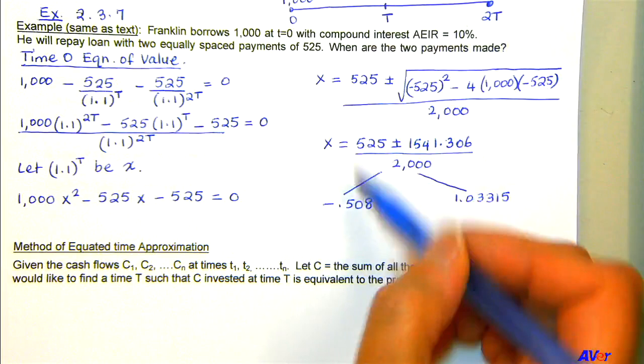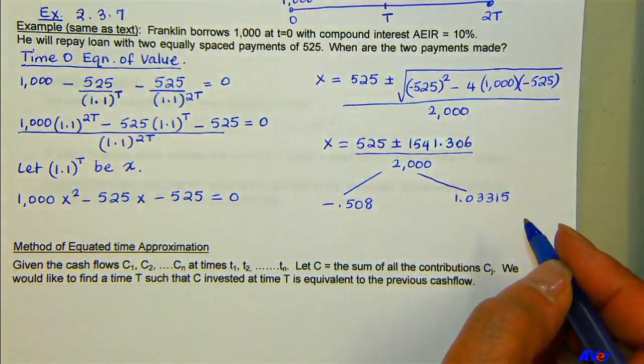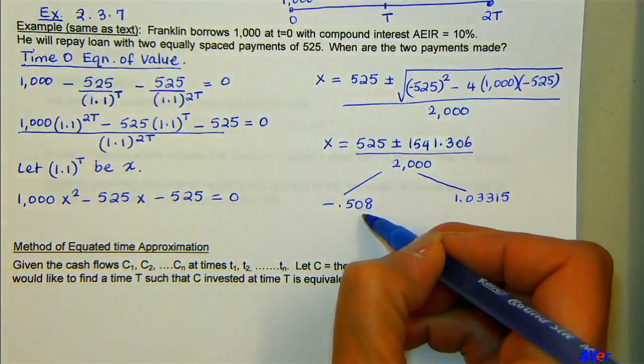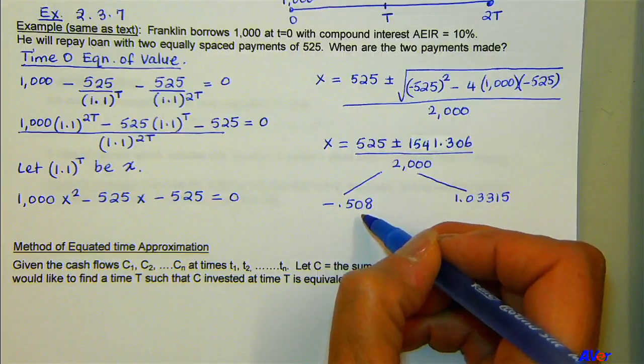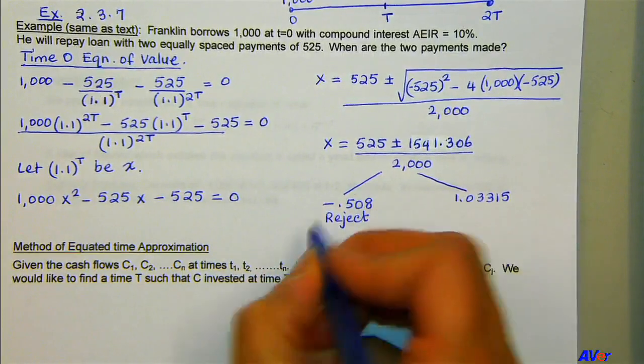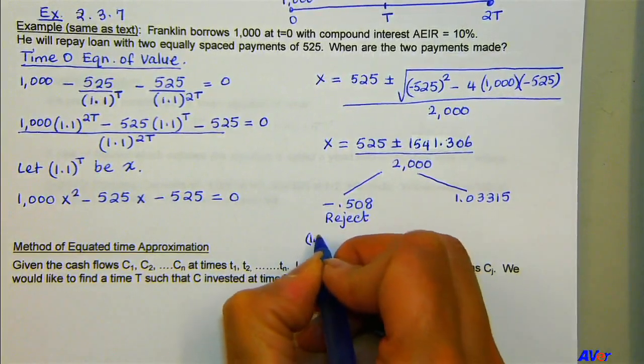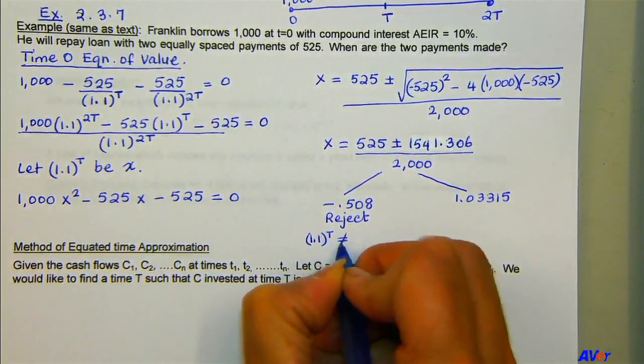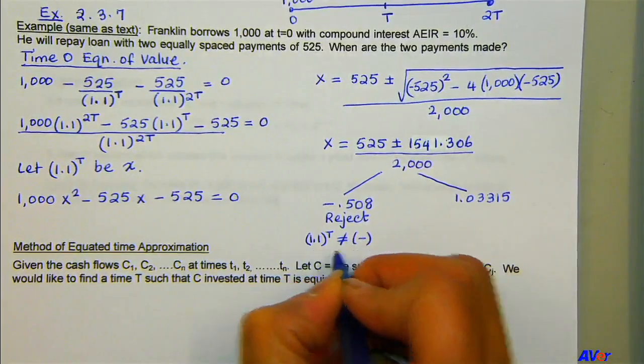So x is 1.1 to the t power. That can never be negative for positive t. So reject this one, because 1.1 to the t cannot be negative for positive t.